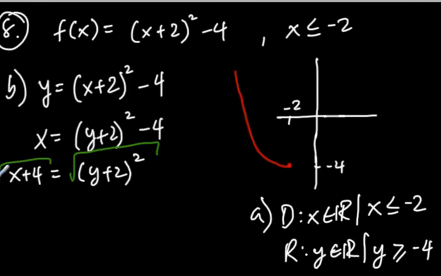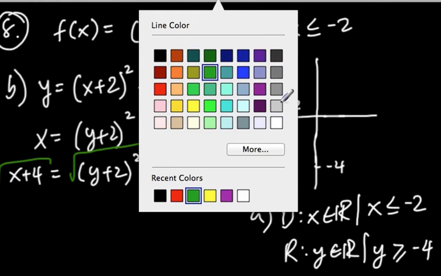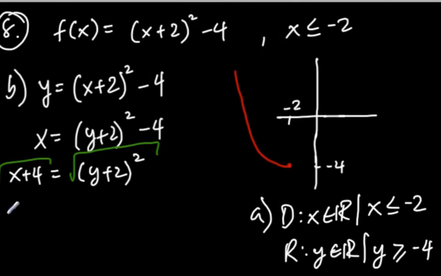Once again, I'm just going to put plus or minus here because we need to determine whether it's going up or going down, and we'll see that in a second. So what that equals is plus or minus the square root of x plus 4, and it's equal to y plus 2.